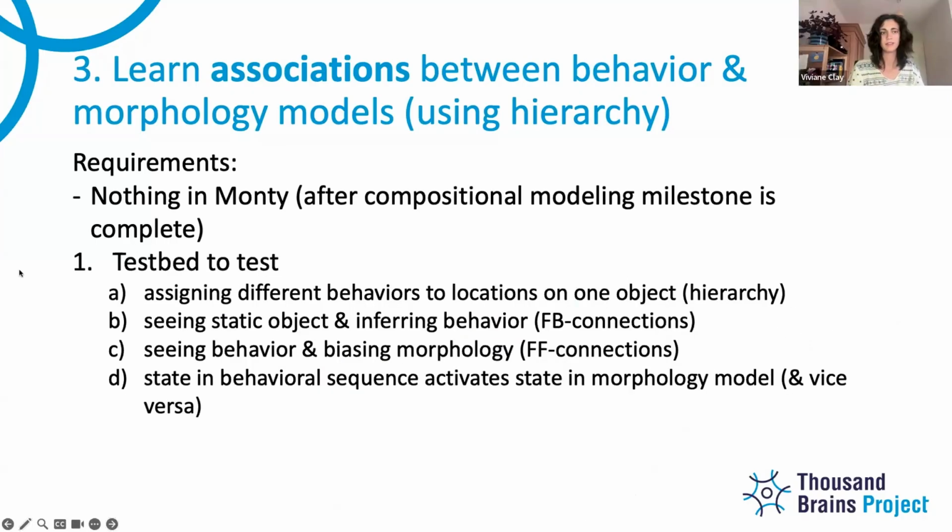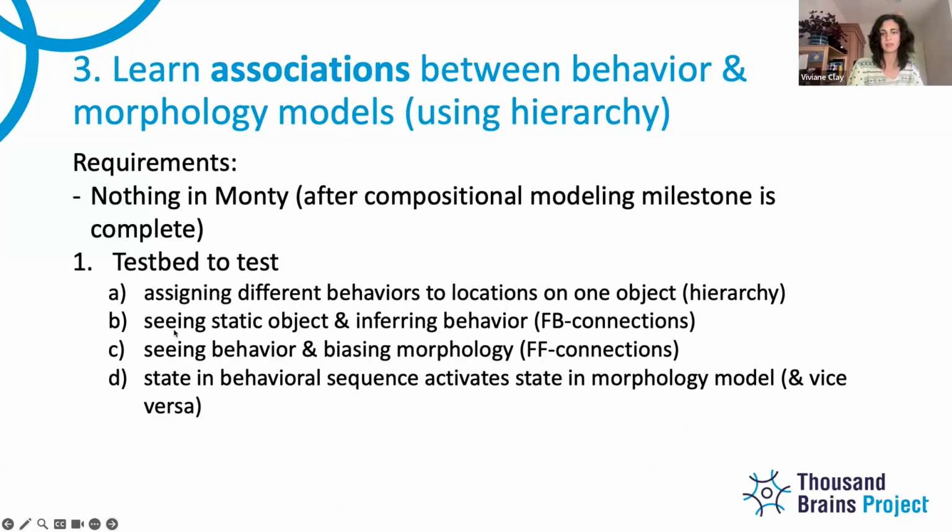So then, I think the main thing for 0.3 would just be to have some way to test this capability. So we'd want to be able to assign different behaviors to locations on one object, so basically have objects that have different behaviors at different locations and orientations.